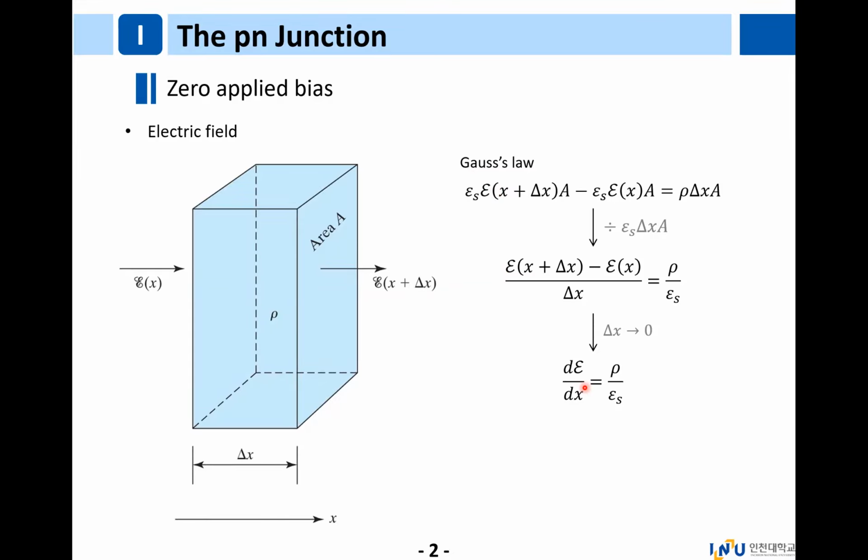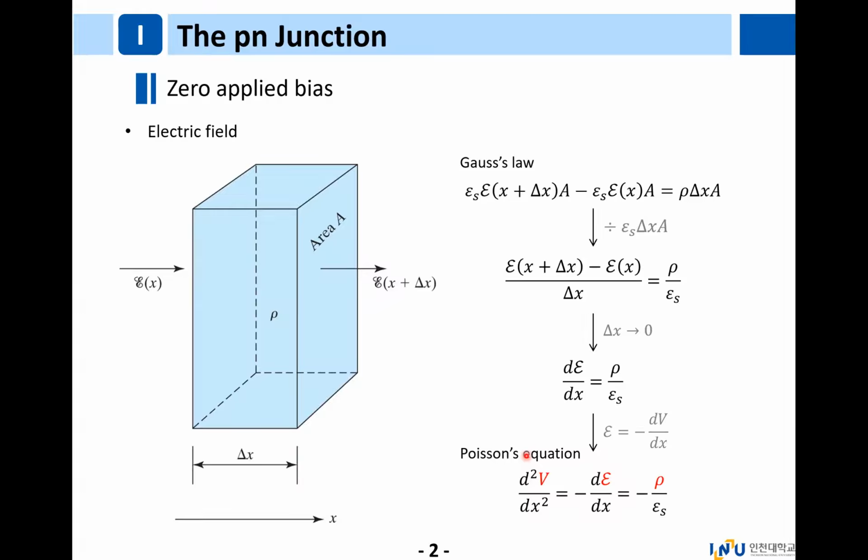Also, there is a relationship between the potential and the electric field. So we end up with the following relationship. This relationship is known as the Poisson equation.